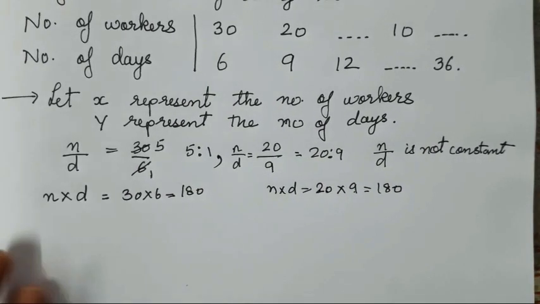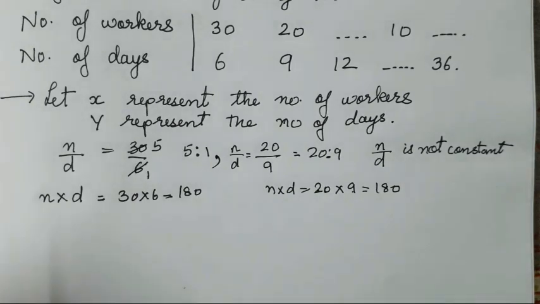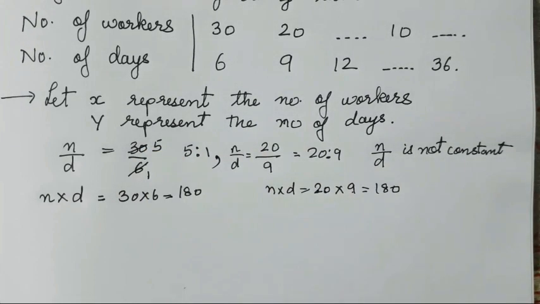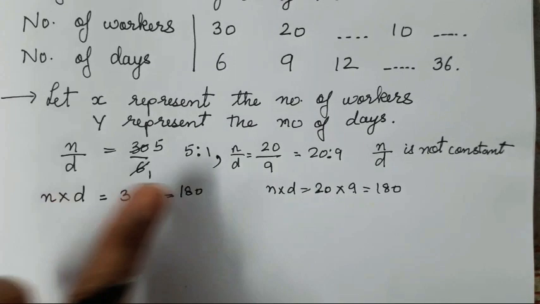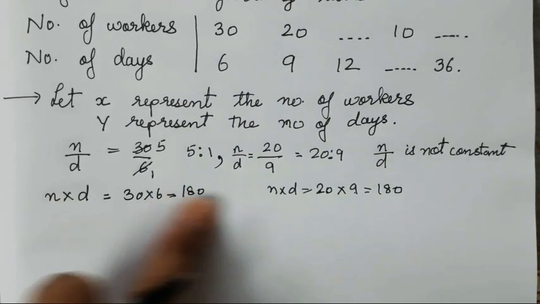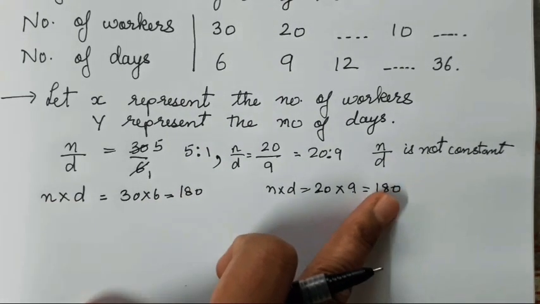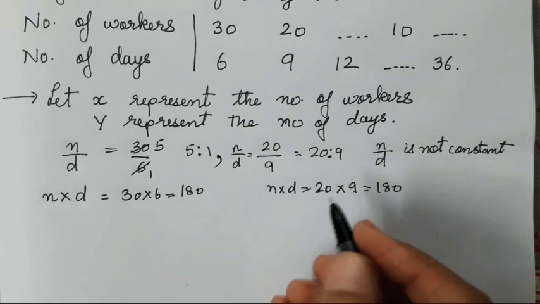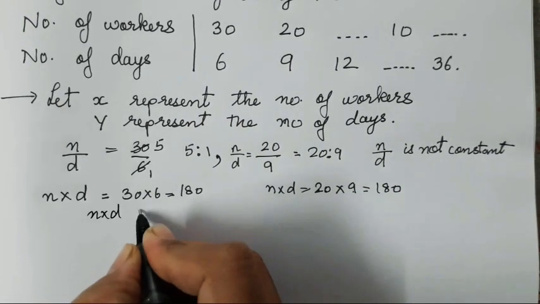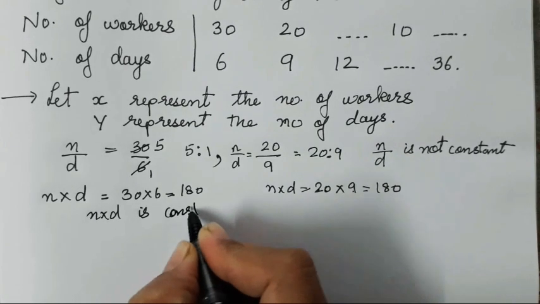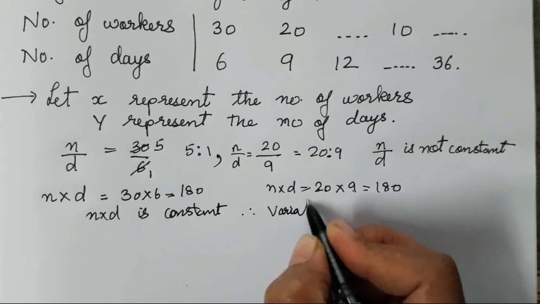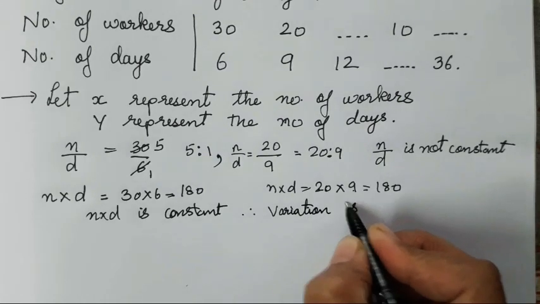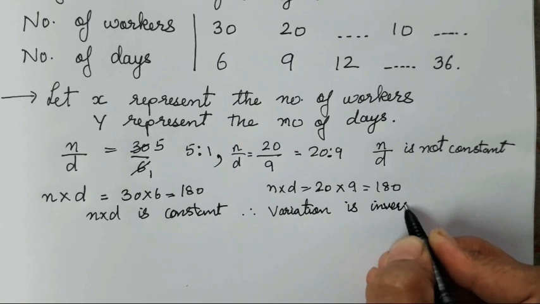To find out whether it is an inverse or direct variation, you have to try both methods, and wherever you get the constant, that is the variation. Here multiplying gives the constant, so n into d is constant, therefore the variation is inverse.